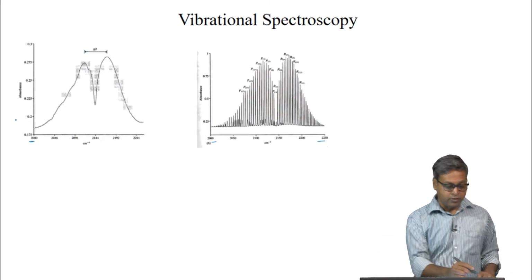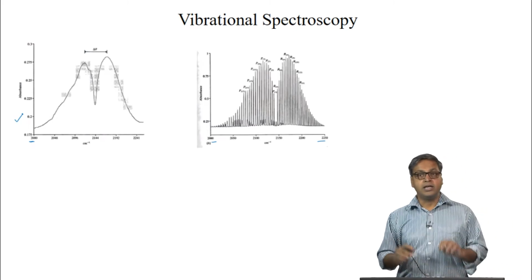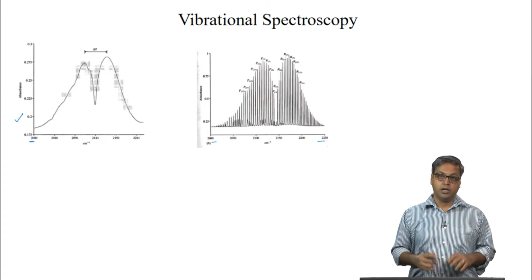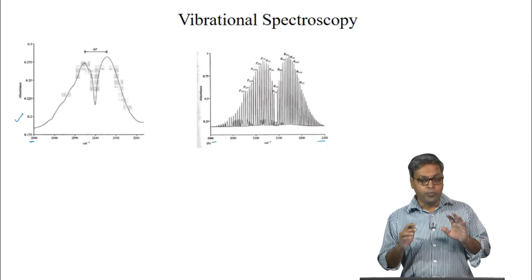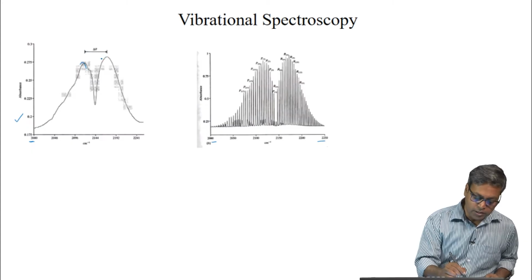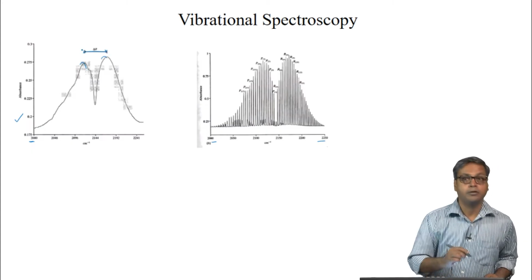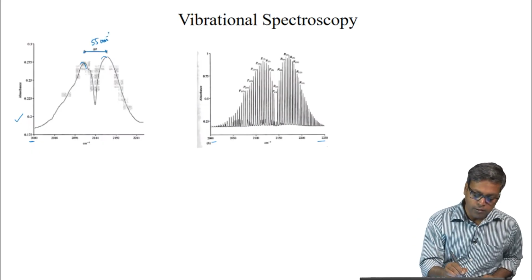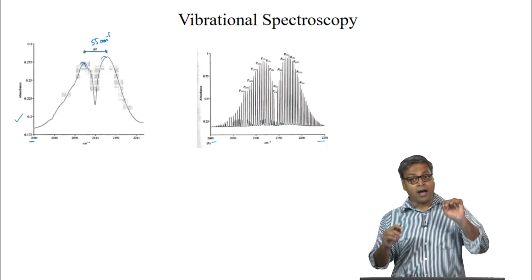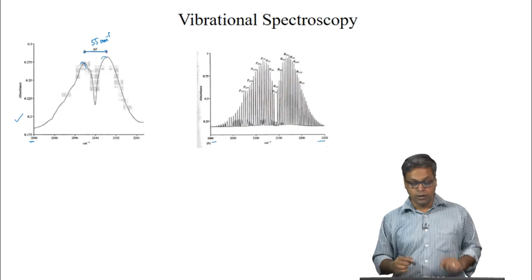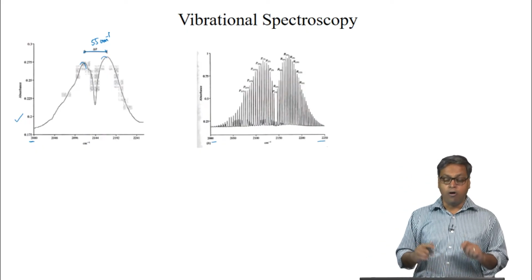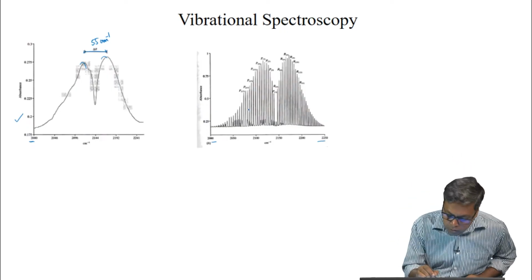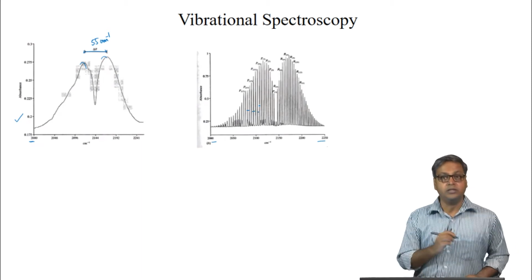The left spectrum is obtained from measurement at low resolution. It looks like there are two peaks separated by some gap, which is roughly 55 wave numbers. At high resolution, we have these two bands of lines appearing, and these lines are almost equally spaced.